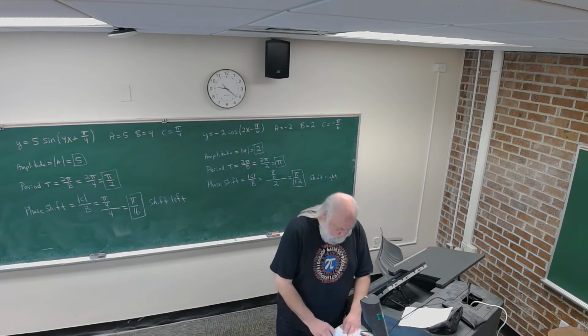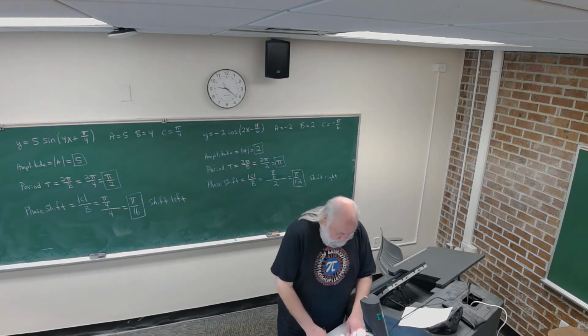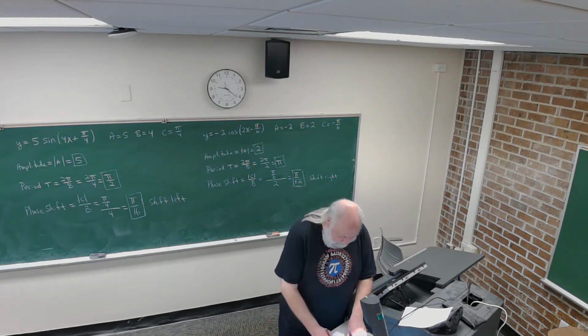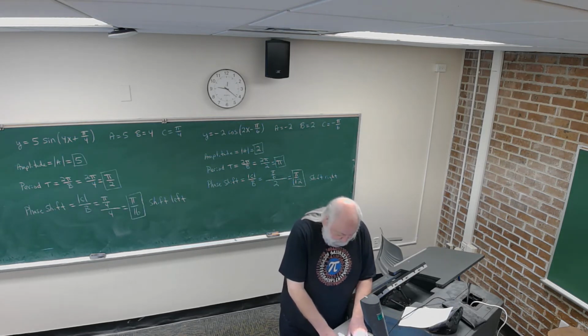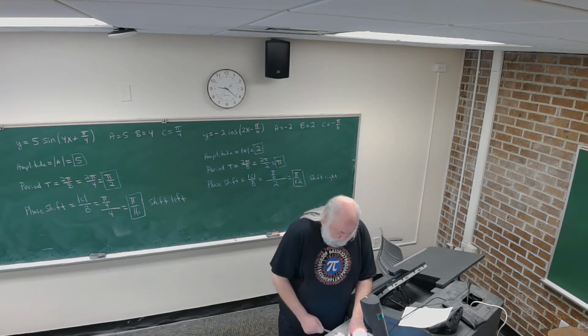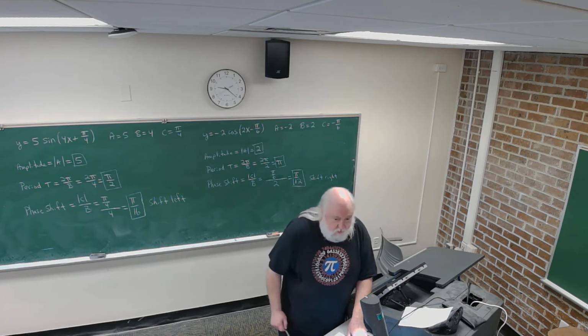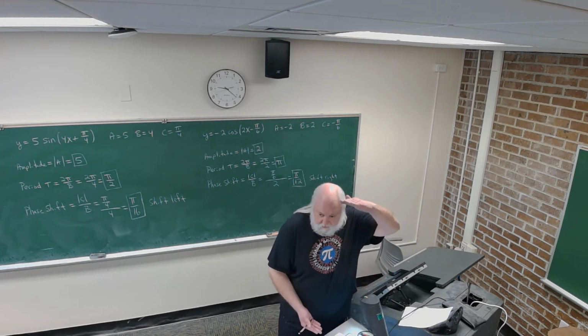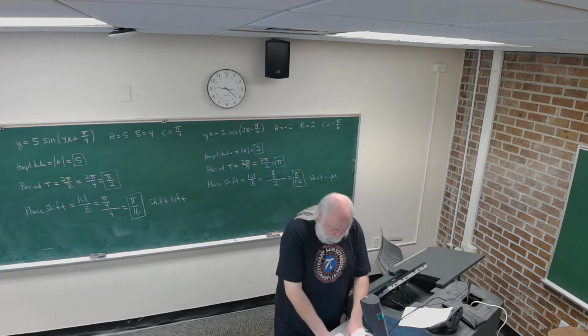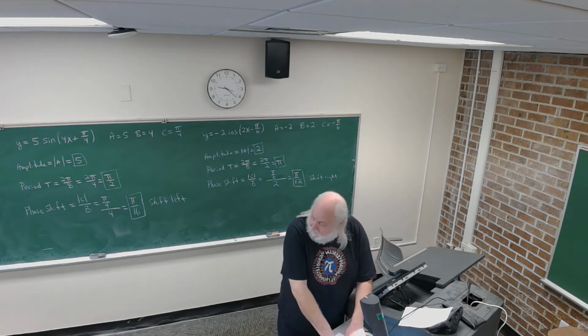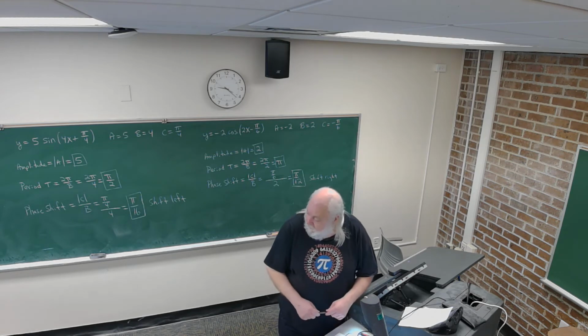So what we got to remember, for one cycle of the basic sine function, it starts here, goes up, comes down, goes up. This is one cycle. But this one cycle is being transformed. It's being vertically stretched, and it's being compressed because the period is no longer 2 pi radians, it's pi radians.